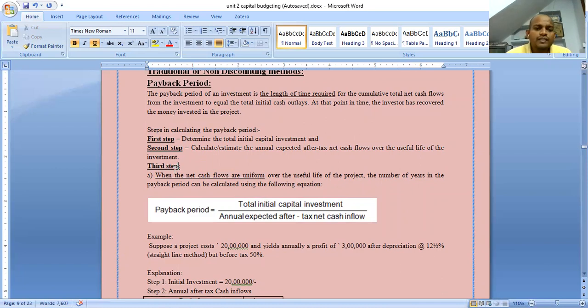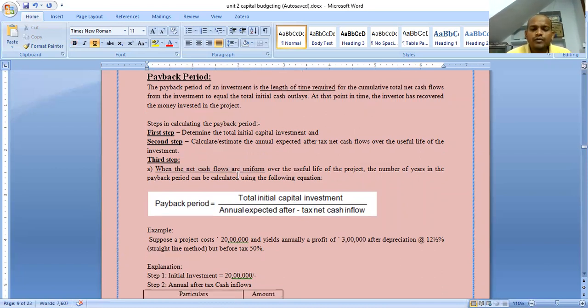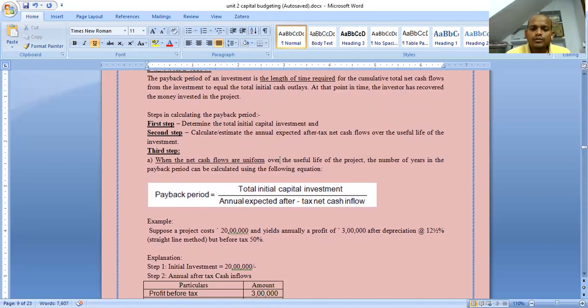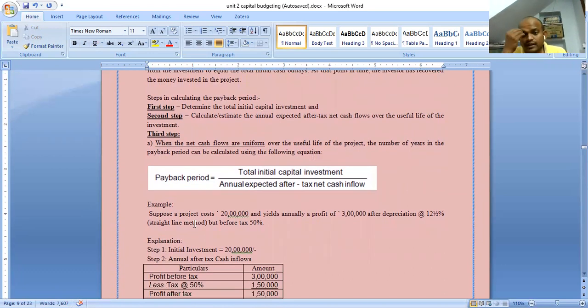When the net cash flows are uniform for the useful life of the project, the number of years in the payback period can be calculated using the following equation. Payback period is equal to total initial capital investment divided by annual expected after tax cash inflows. You will understand with the example clearly.